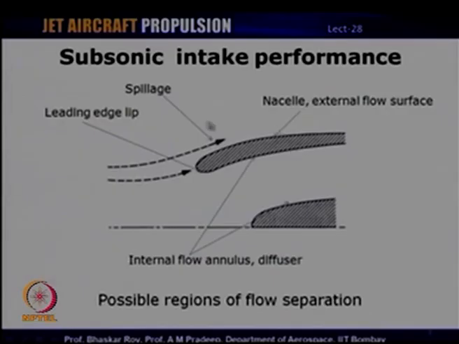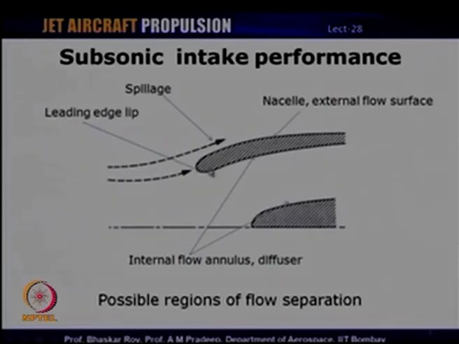One of the possible locations of flow separation is on the external surface, which might occur if there is a large difference between the capture area and the intake entry area, under which conditions there could be a substantial amount of spillage. Spillage under extreme operating conditions might lead to flow separation from the external surface, which obviously increases the overall drag of the aircraft.